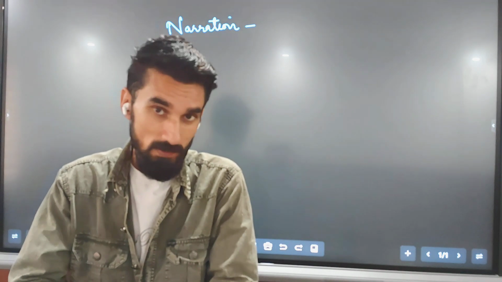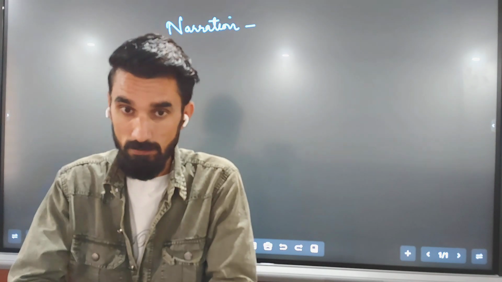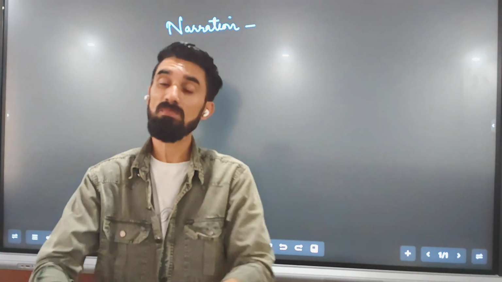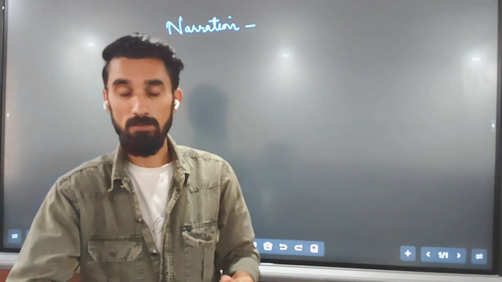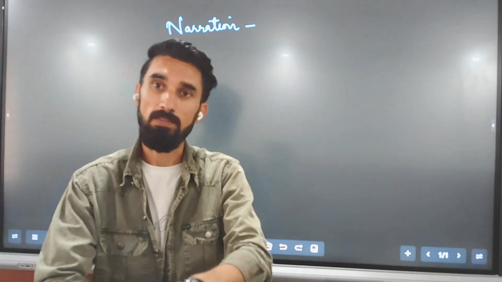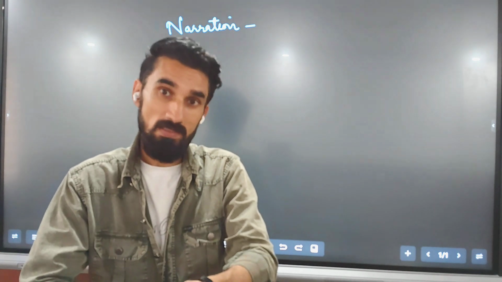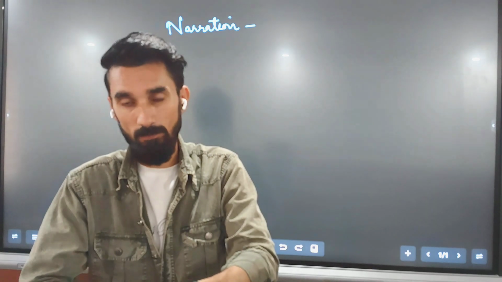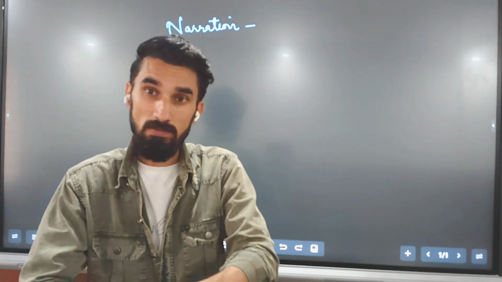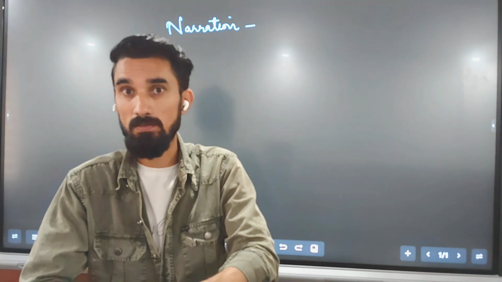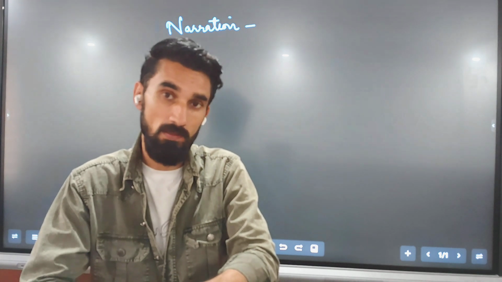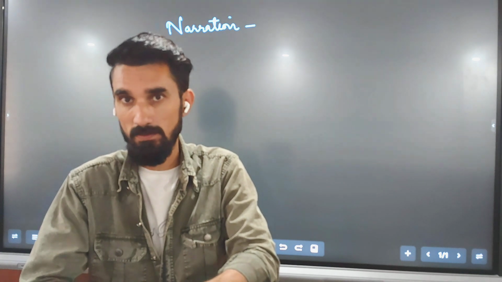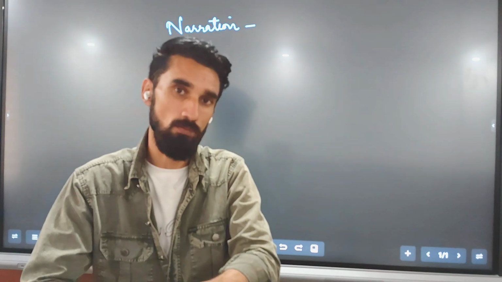Some of the points I discussed in the previous class were, first, you should look at the tense form of the reporting verb, and then the sentence of the reported speech, meaning what category of sentence it belongs to, whether it is an exclamatory, an imperative, or an interrogative one.